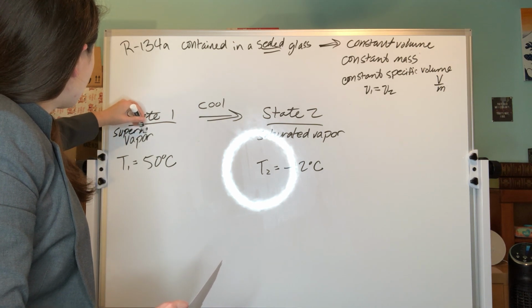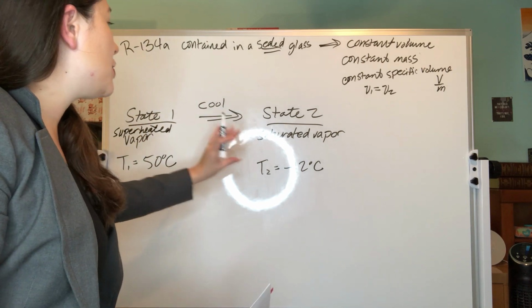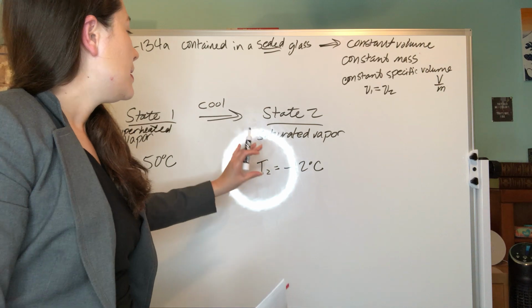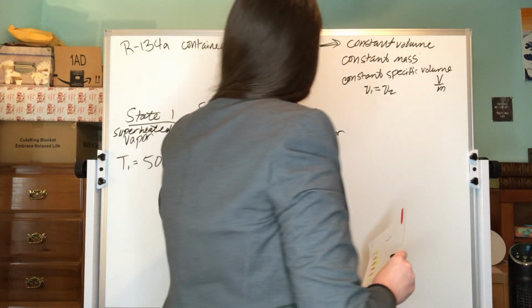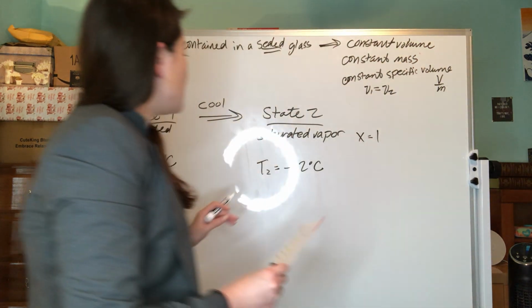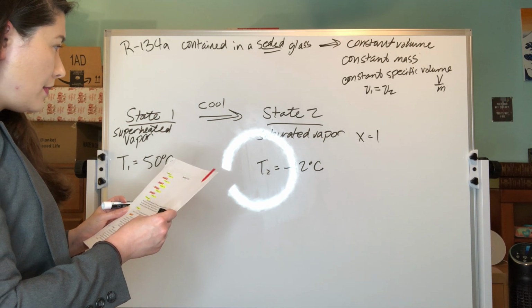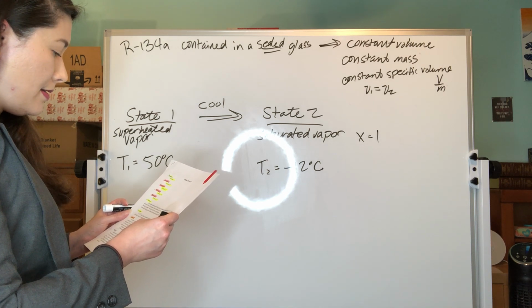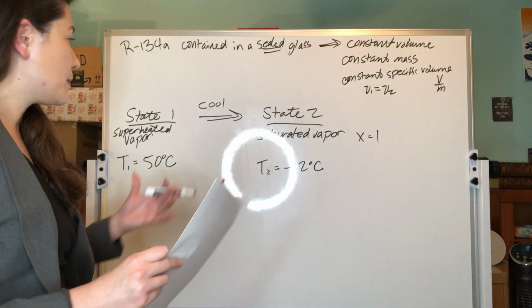We cooled it down, and now it is just beginning to become saturated. It's just beginning to become two-phase, and we have saturated vapor. That means that x equals 1. The quality is equal to 1. And that's it. And now it's our turn to figure out the rest of the stuff.